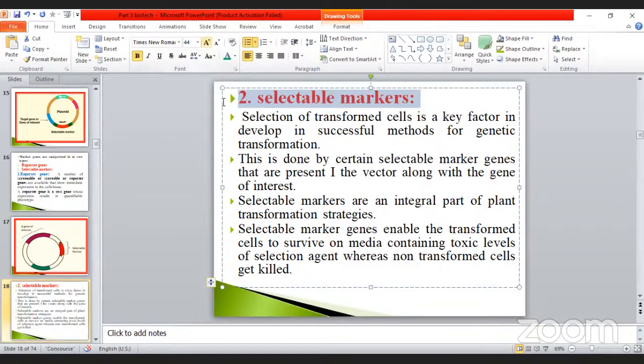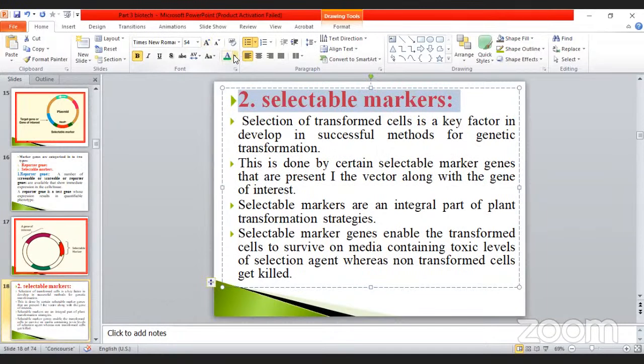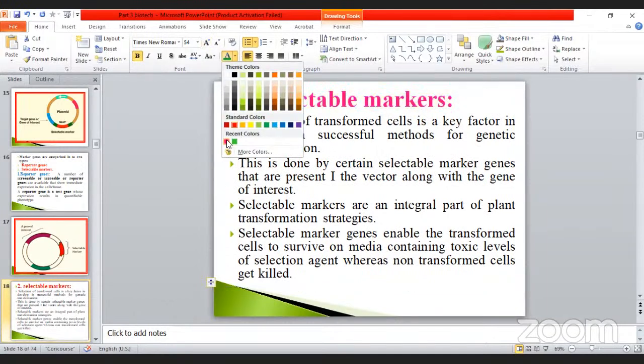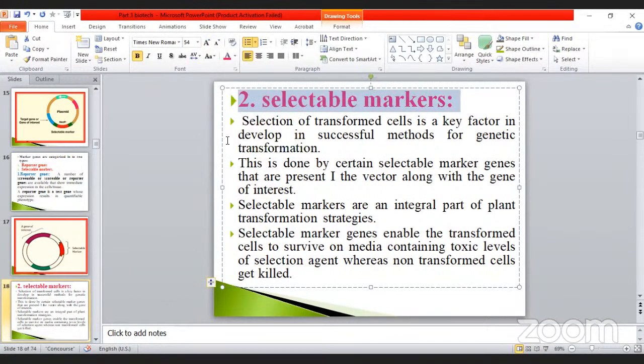Selectable marker. What is the meaning of selectable marker? You know very well about that. Selectable means the heading itself has the answer. The selection of transformed cells is the key factor in developing a successful method for genetic transformation.